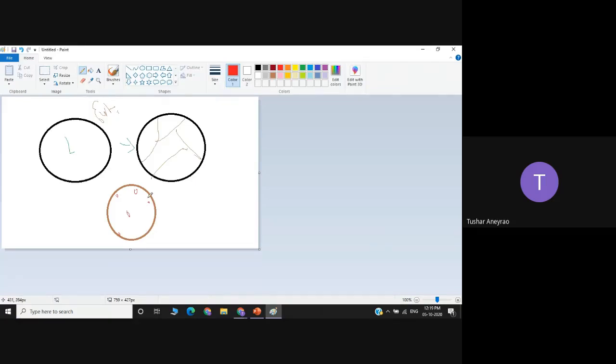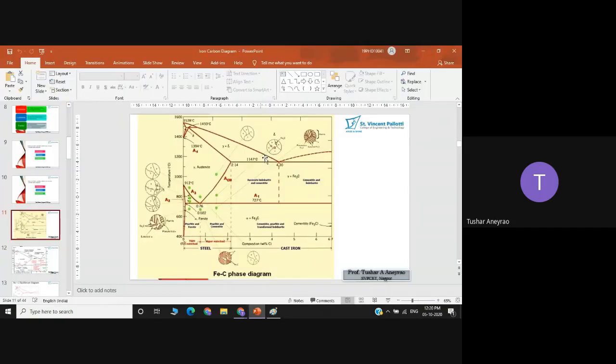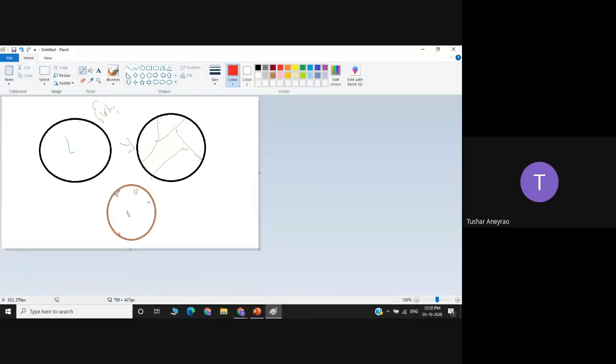So now austenite has carbon up to 2.14%, and our mixture, which is the complete mixture, how much percentage of carbon does it have? It has 4.3% of carbon, right? Our whole mixture has 4.3% carbon, but our austenite is stable only up to 2.14% carbon. So let us assume that it has 2.14 percentage of carbon.